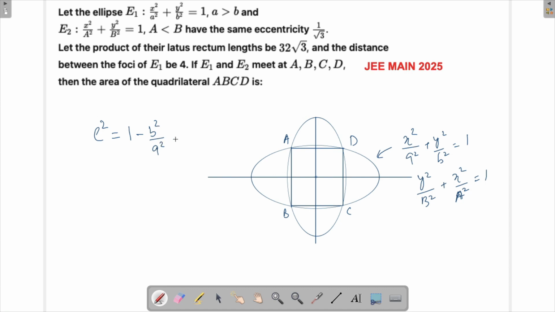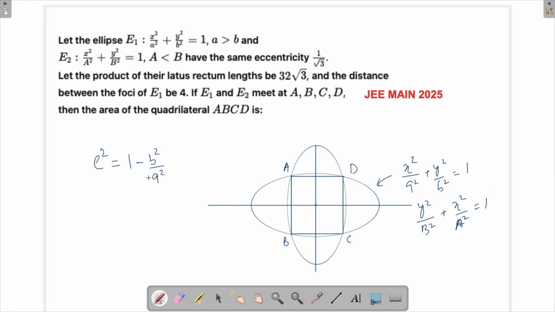So how do we start with this? Why do I do this? Because e is equal to c by a. What is my c? Basically my focus. I generally take these as minus a comma 0 and a comma 0, and the foci would be somewhere here, so this is c comma 0 and this is minus c comma 0.